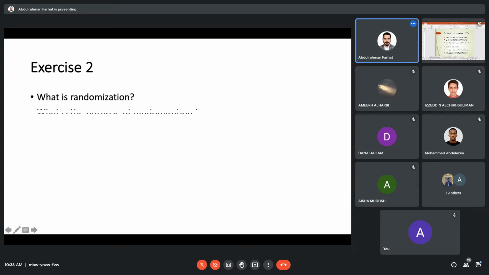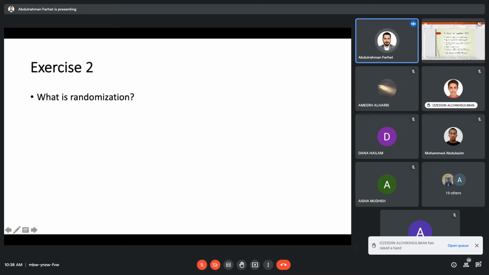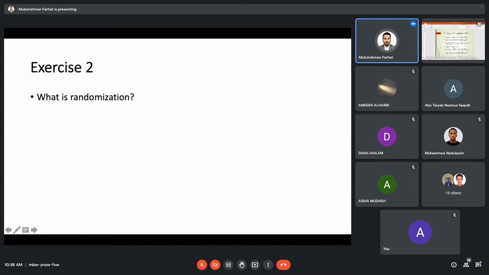Exercise 2. What's randomization? I'm going to need another one from the group to go through this exercise with me. Based on what Dr. Nismus discussed with you in the lecture, what's randomization?